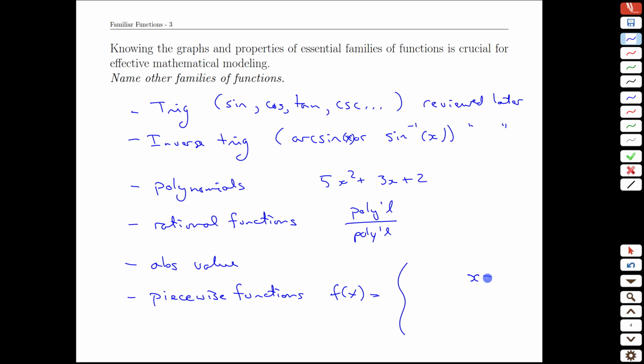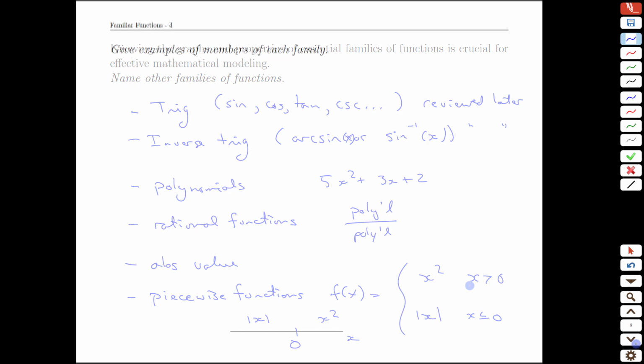So if we say for x greater than 0, we're going to use the quadratic function x squared, but for x less than or equal to 0, we're going to use the absolute value function. That's a totally reasonable way to combine these two functions, but we combine them on different intervals of our x. So here we'd have the absolute value function, and on this side we would have the x squared. This is a typical notation we will use in the course.